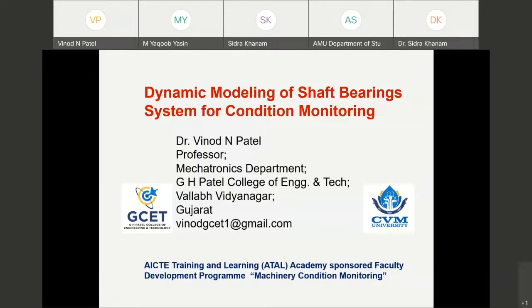Dr. Patel has about 20 years of teaching experience as assistant professor, associate professor, and professor. His research interests lie in dynamic modeling of vibration studies of single and multiple defects on rolling bearing elements, bearing races, modeling and analysis of cracked rotors, machine dynamics, and robotics.